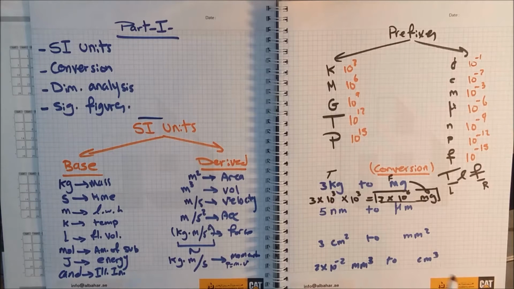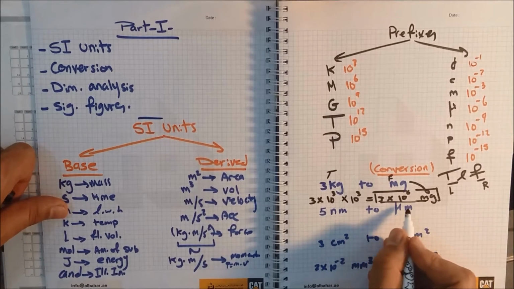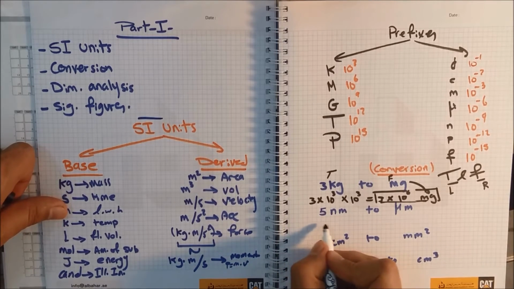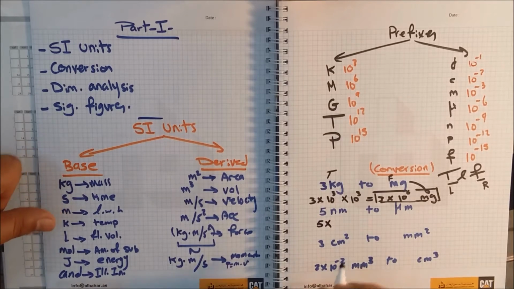It's a matter of seconds, and you will be solving the problem of converting. I know that this causes a headache for some of our students, so from now on it's not going to be a headache by any means, because you're just translating and flipping. Here, 5 nanometers and micrometers. So let's say that 5 times, what do you think?